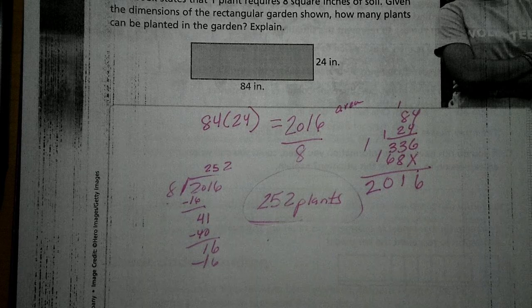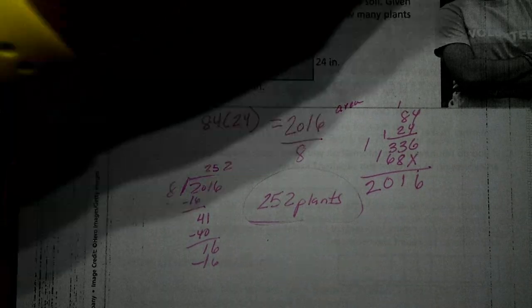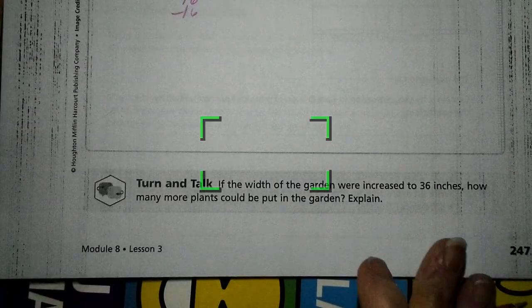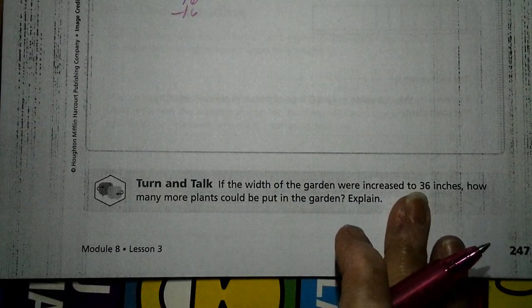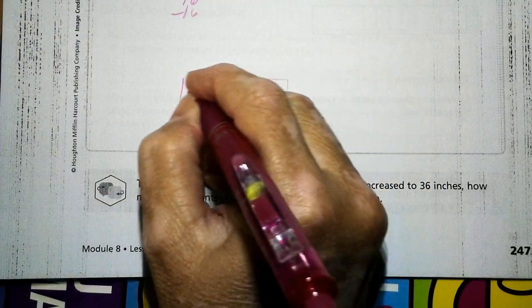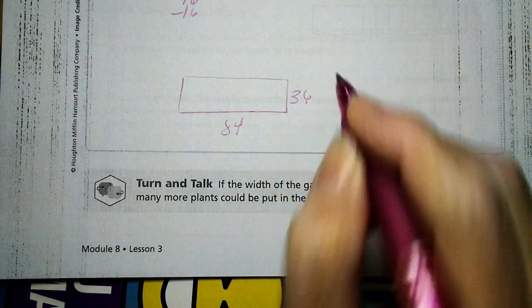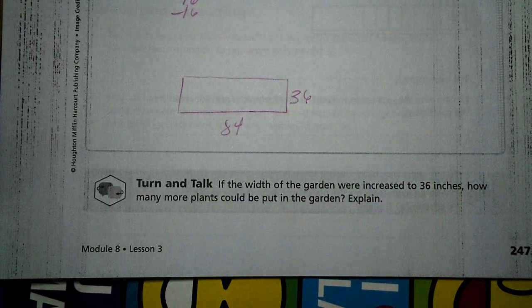All right. So the turn and talk says, what happens if the width of the garden were increased to 36 inches? So now, if this is my garden, I have 84 and 36.